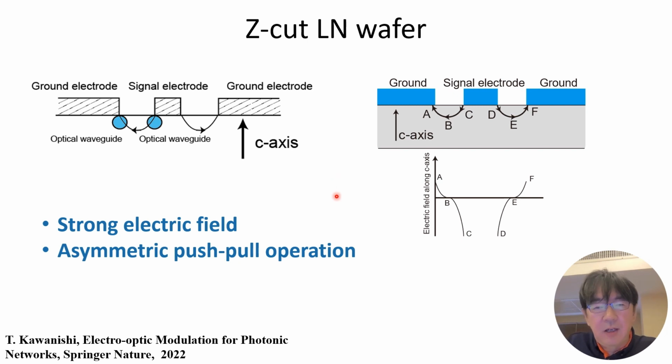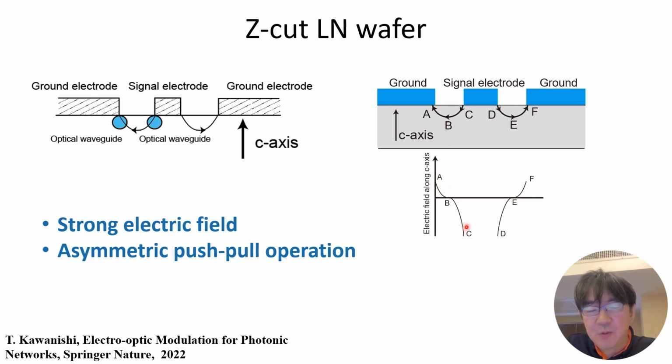Okay, here I'd like to talk about another structure, the Z-cut lithium niobate wafer. The C-axis is along the Z direction, like this. And the optical waveguide can be placed here and here. In that case, we can get the strong electric field here. And we should put another waveguide along here to get a large change in the phase.